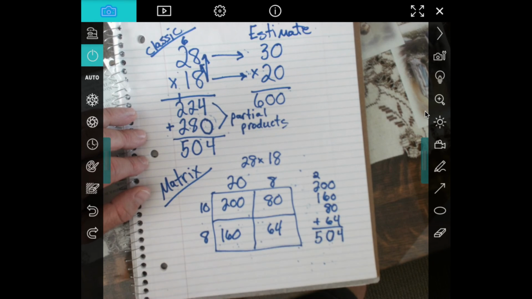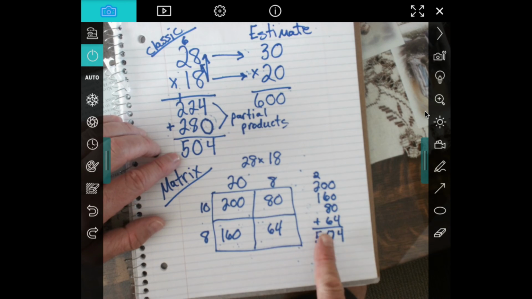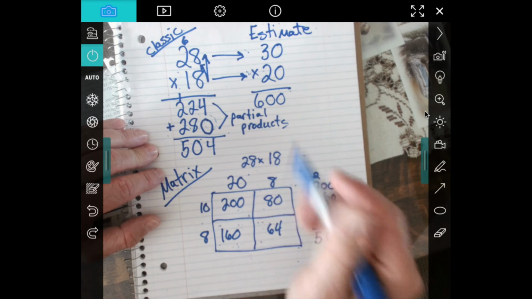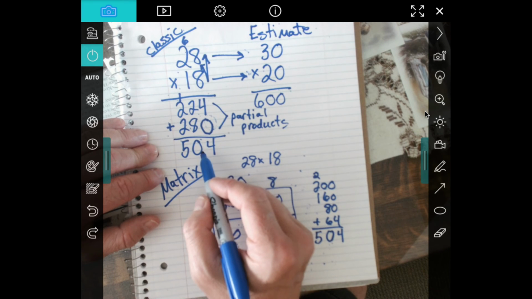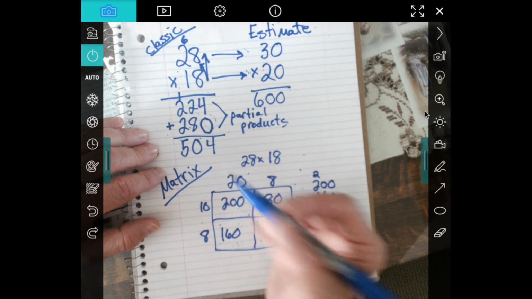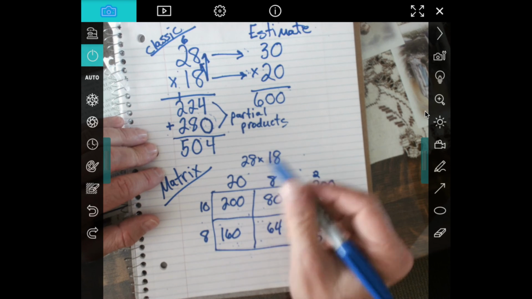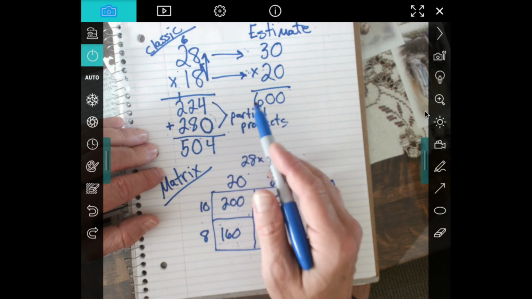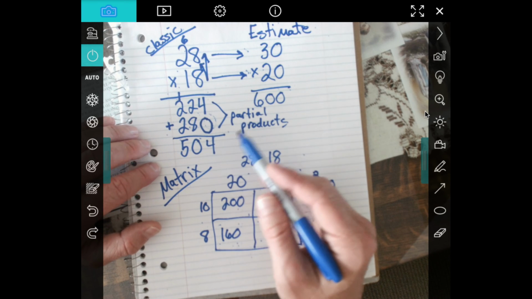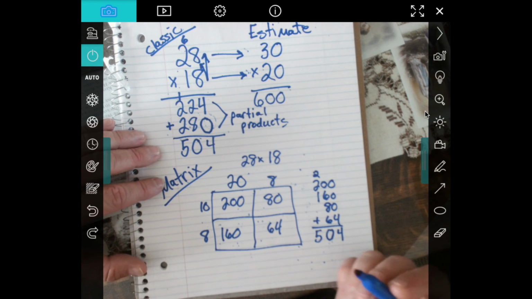So now let's take a look at how our actual answer and our estimation compare. Is 600 close enough to 504 that we can say our actual answer is reasonable? Well, yeah. When we're dealing with numbers this big, 504 and 600, if they're less than 100 away from each other, that's still reasonable.